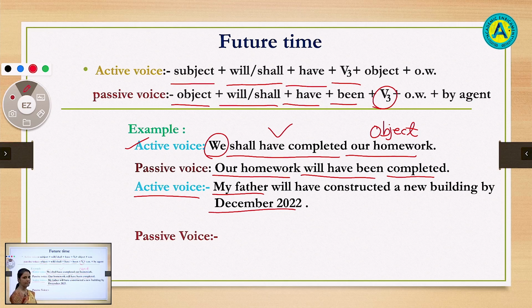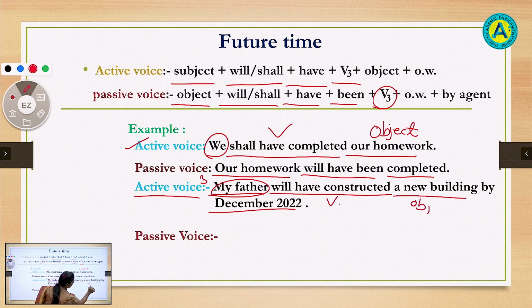So, who can answer the passive form of this sentence? Yes, here the subject is my father, will have constructed is the verb, a new building is the object, and by December 2022 is the other word. So, what is the passive form of this sentence? Yes, students.